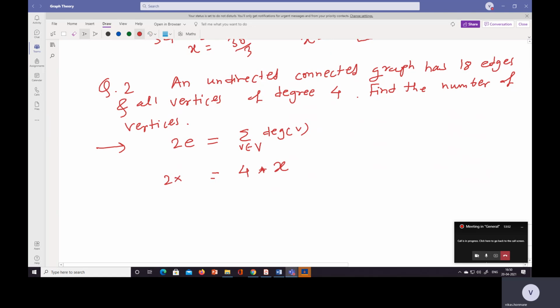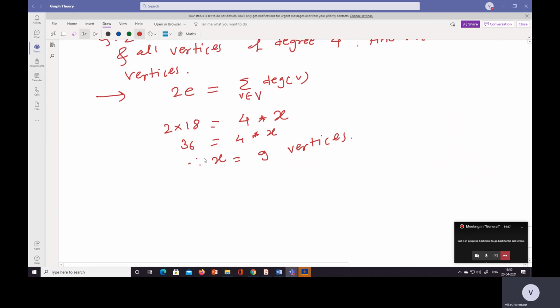So 2 into 18, which is 36, equals 4 into x, so therefore x is equal to 9. Total 9 vertices are there. Simple. By using the handshaking theorem we can solve these questions.